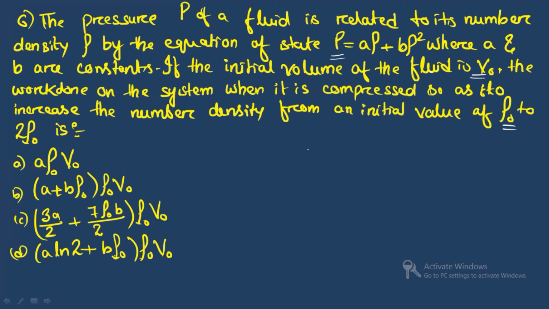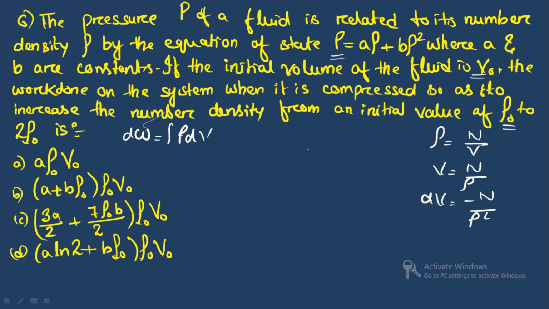You know the formula for work done: dW is equal to integration of P dV. You already know rho is equal to N by V, so you can write V is equal to N by rho. So dV will be equal to minus N by rho square d rho, because differentiating 1 by rho gives minus 1 by rho square. This value we will substitute here.